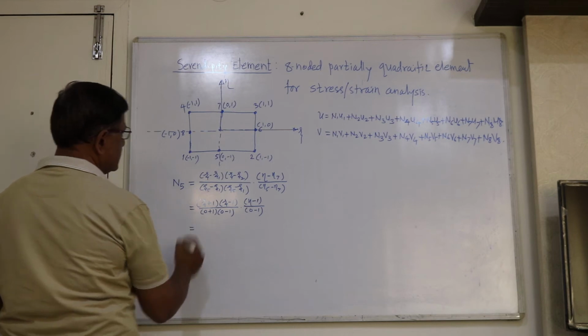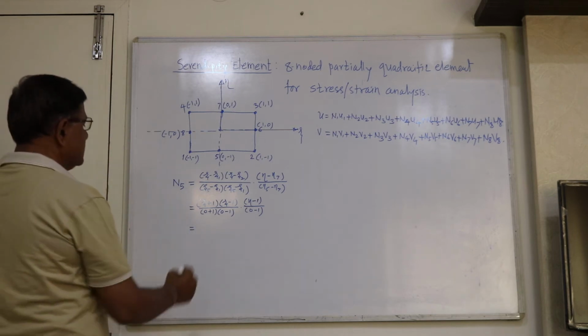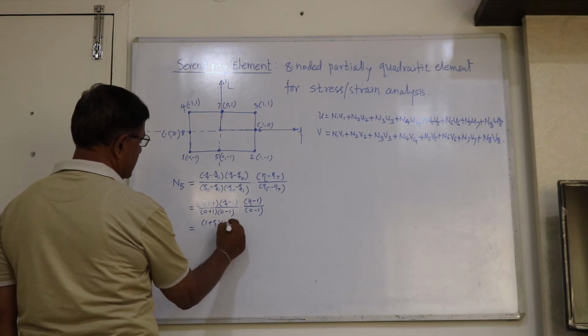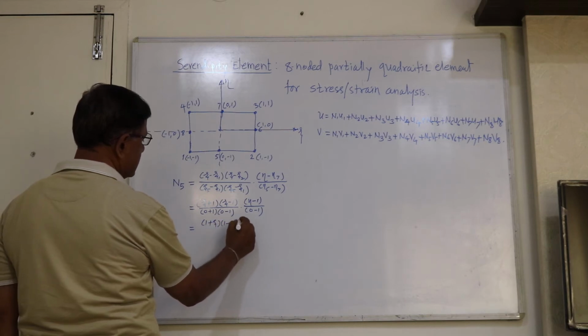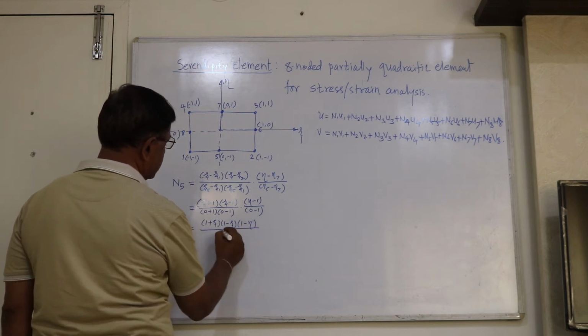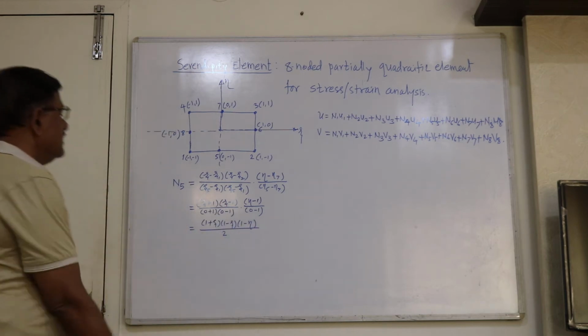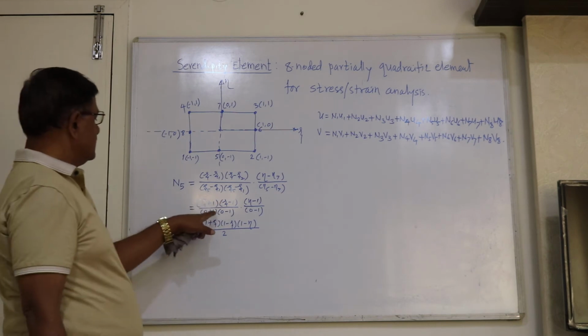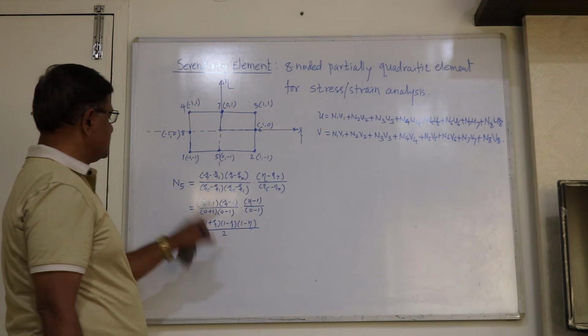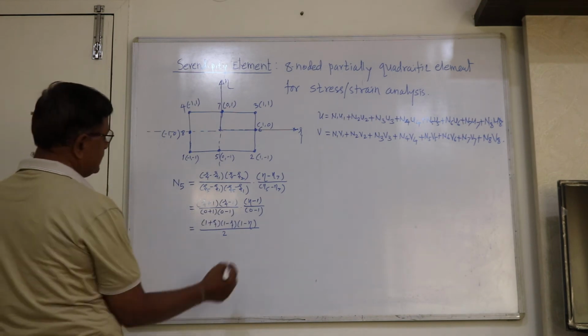So this is now equal to, we can write down, 1 plus xi, 1 minus xi, 1 minus eta divided by 2. So this is n5.